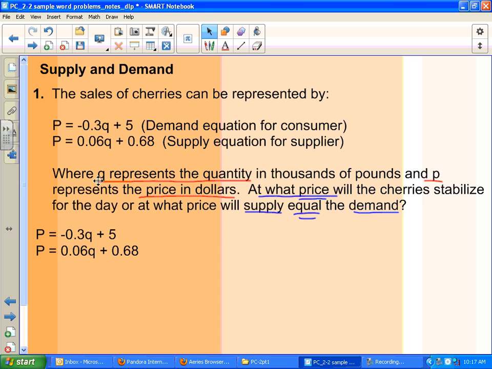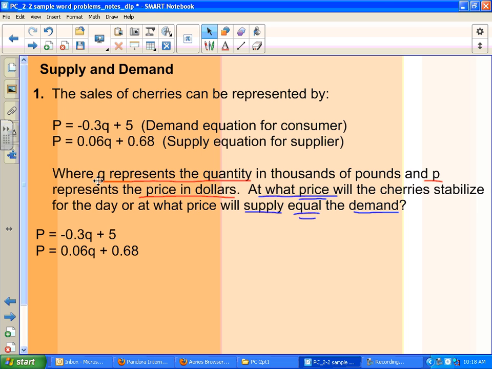All right, so how would we set it up? What would we do here, if we're looking for the time when supply and demand are the same? Could you use substitution?